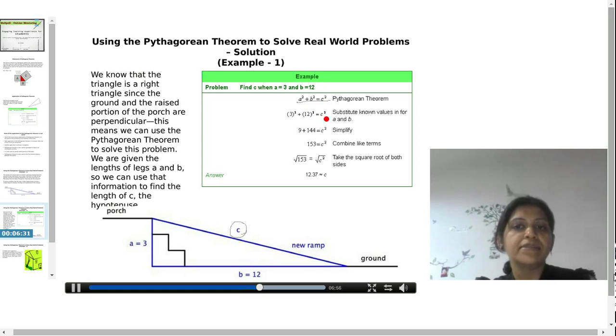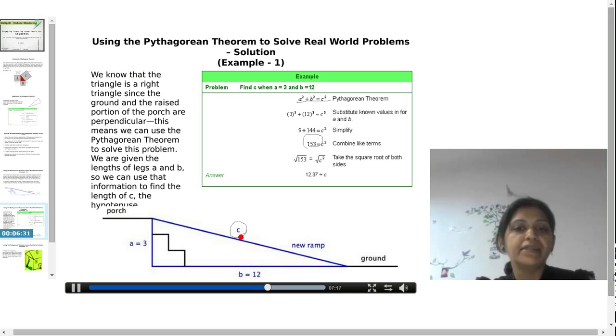So c square, that is c, the length of the ramp, we have to find out. So 3 square, that is 9, plus 12 square, that is 144, is equal to c square. So c square is equal to 153 and c is equal to root of 153, which is approximately 12.37.